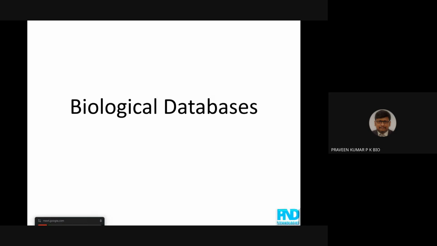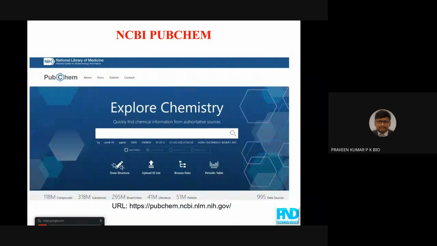Now let me go ahead with today's session, biological databases. In biological databases, we see the basic databases which are useful from the first session to the last session. The most useful database is the most publicly available on the internet. Even the father of bioinformatics comes from NCBI. Actually, she is not a father but a mother.